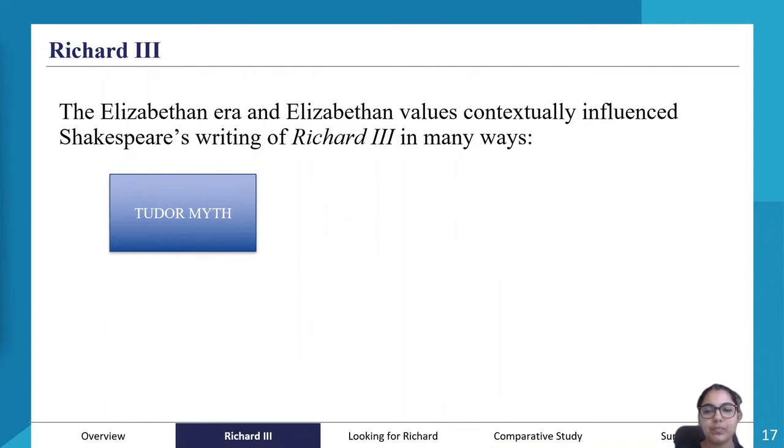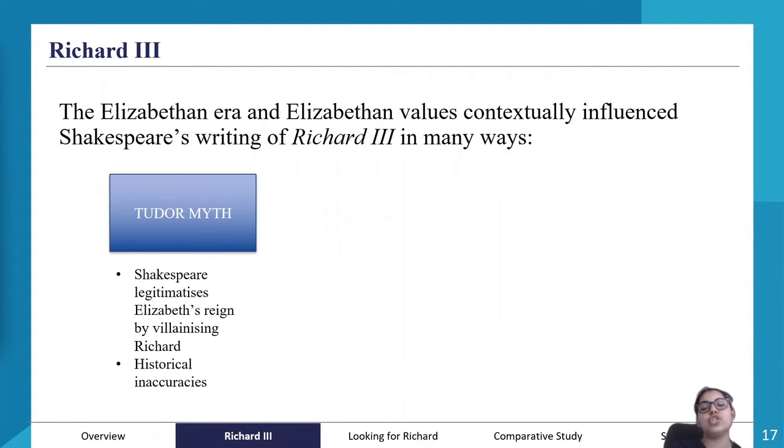So, here we have firstly the Tudor myth. The Tudor myth is how Shakespeare legitimizes Elizabeth's reign by villainizing Richard. And this is what we've just talked about: by showing Richard as the bad guy and Henry VII as the rightful heir to the throne, the person who freed England from Richard's reign, who was the bringer of peace and prosperity to England.